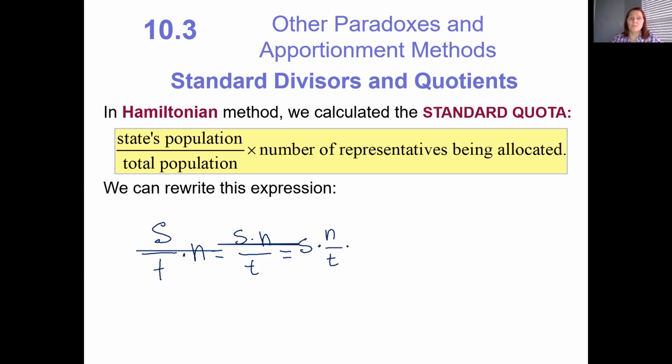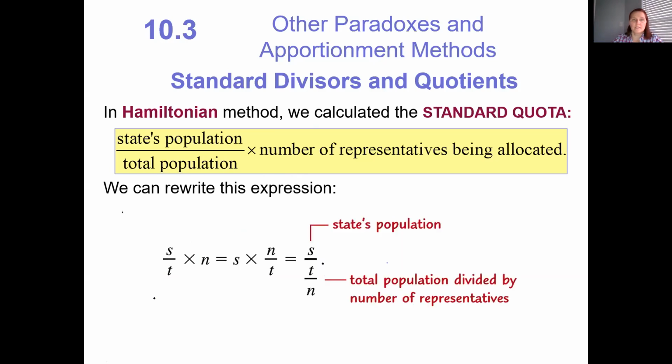If we multiply by a fraction, it is the same as dividing by the reciprocal of this fraction. The reciprocal of n over t is t over n. So this quota that we calculated by the Hamilton method can be found by dividing the state's population by t over n: the total population divided by the number of representatives.